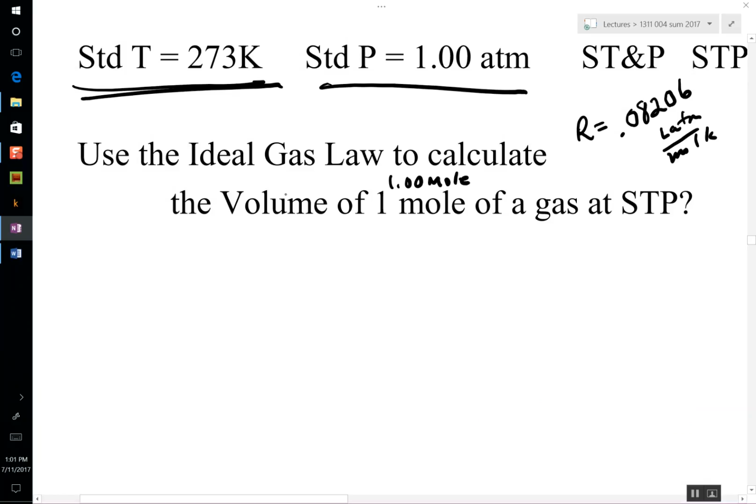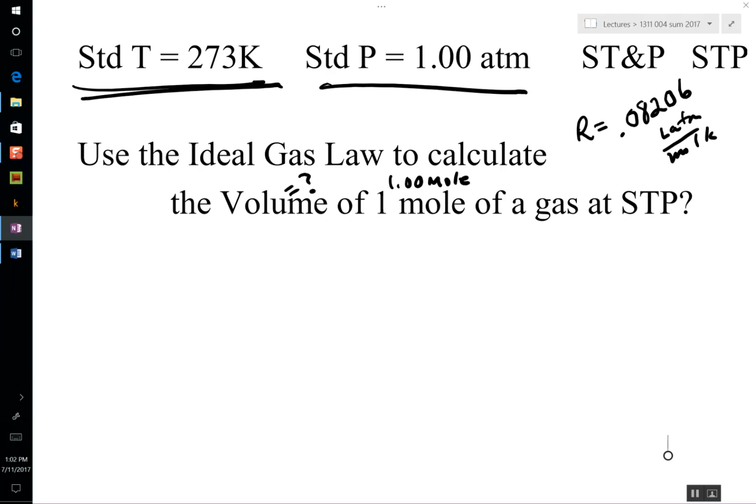So this is what you want to calculate. You've given 1 mole. You now know what the standard temperature is and standard pressure is. So it seems like a problem that doesn't have enough information, but by saying STP, it's giving you temperature and pressure.